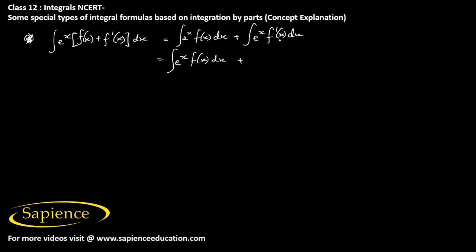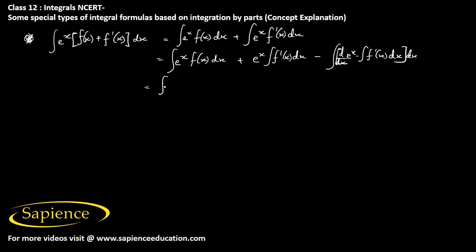Then plus here we can integrate by parts, meaning e power x I can take as the first function and f dash x as the second function. Then we should write e power x integral f dash x dx minus integral of d by dx of e power x into integral f dash x dx, whole integral dx.